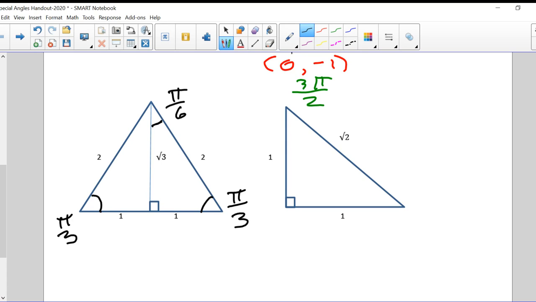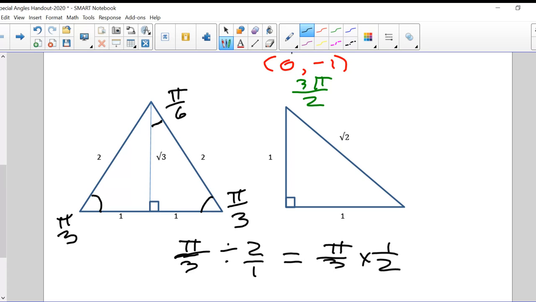How did you get that? Okay, Donna. Thank you, Donna. So let's do it this way, Donna. Pi over 3 divided by 2, right? Or divided by, let's say, 2 over 1. Is that kind of the same thing? So dividing by 2 over 1 means the same thing as pi over 3 multiplied by 1 over 2.